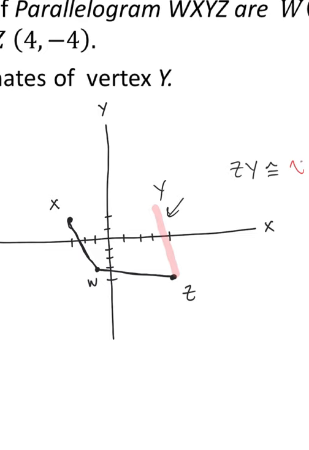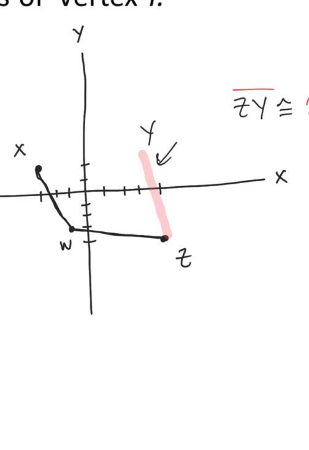So it has to be congruent to XW. In order to find that, we need to find the slope of XW and draw the exact same line from Z, okay? So the slope of XW, we went down 2, 3, 4, 5, down 5, and we went to the right 1, 2. So our slope is -5/2.